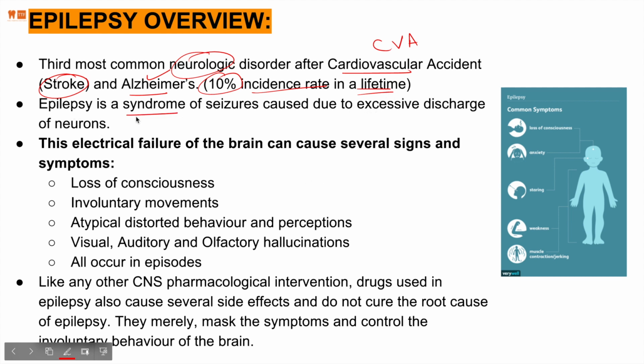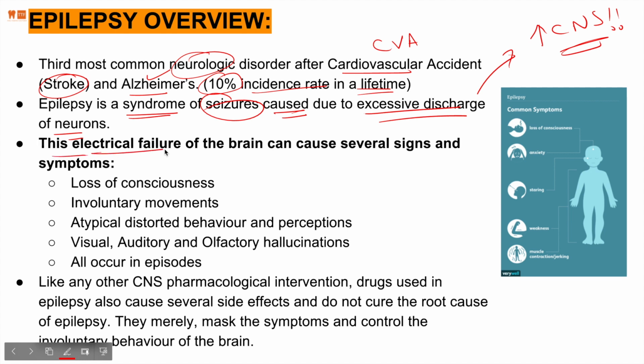It is a syndrome, it is not a single disease. It's a syndrome of seizures that is caused due to, now here's the important part guys, it is caused due to excessive discharge of neurons. So this in itself gives us a big clue that epilepsy is due to excessive activity of the central nervous system.